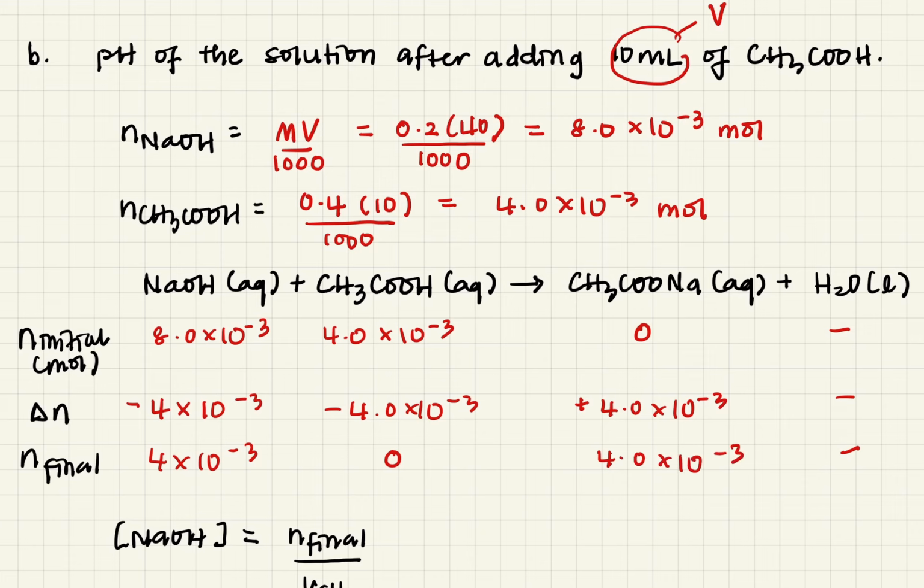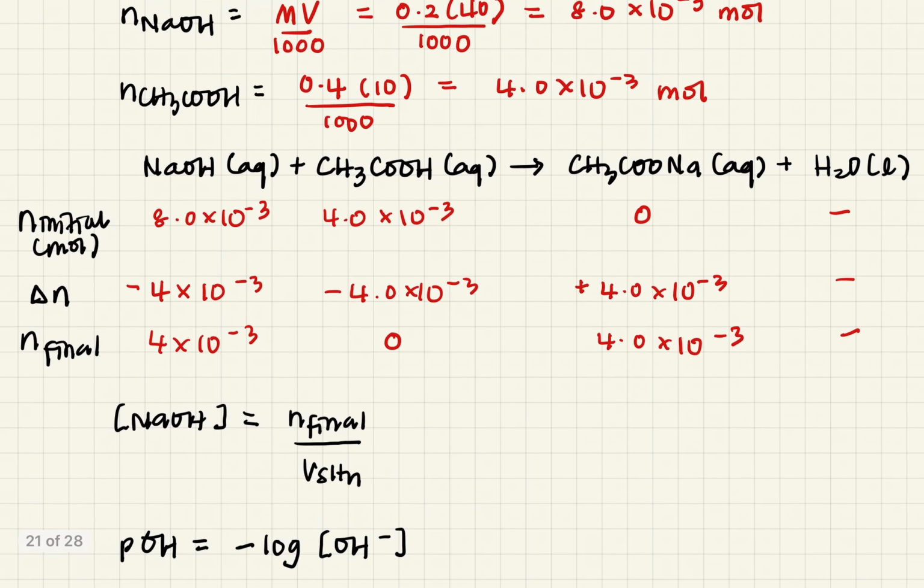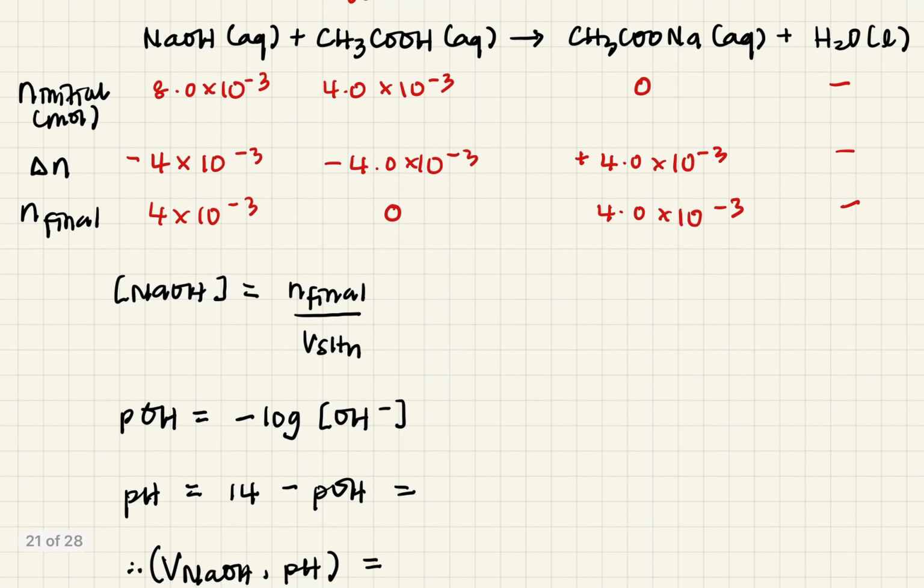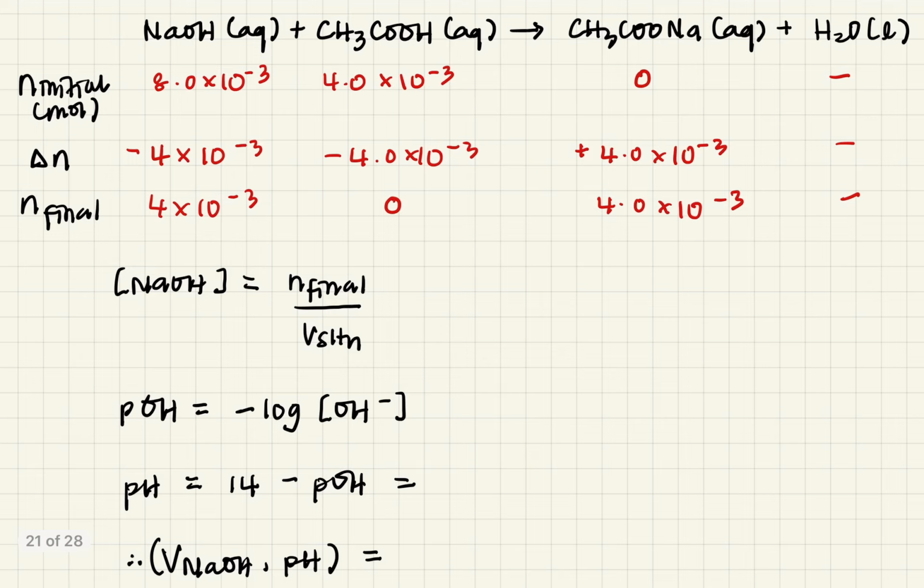So you can see that after adding 10 mL of weak acid, you will have this amount of mole left in your solution. Your pH will depend on the concentration of your sodium hydroxide, because it will dissociate in water to form hydroxide ion.